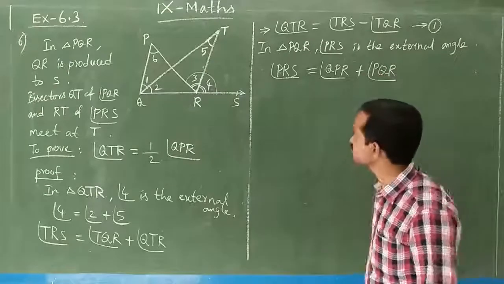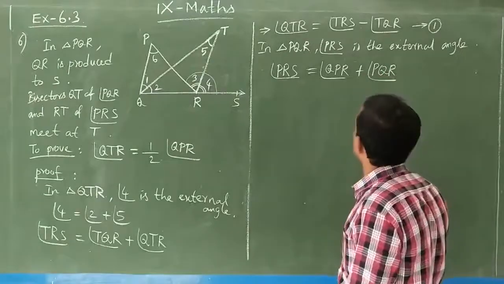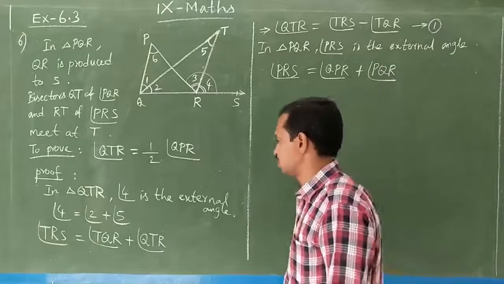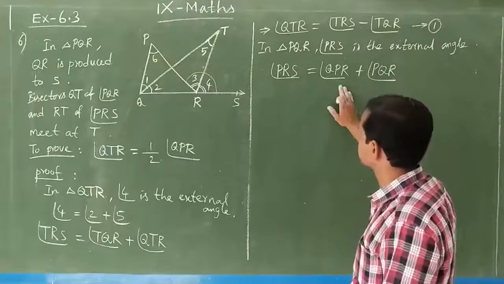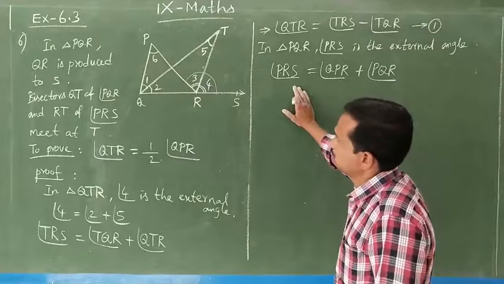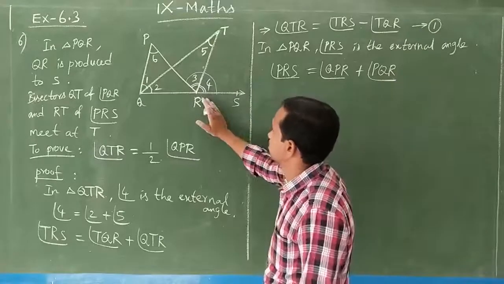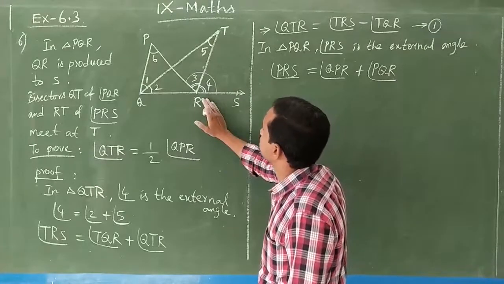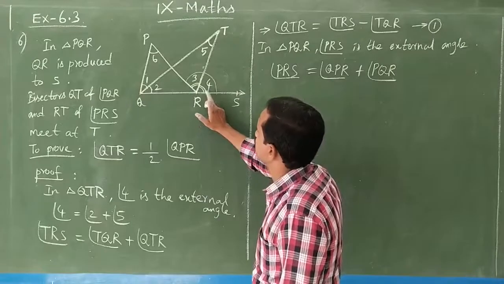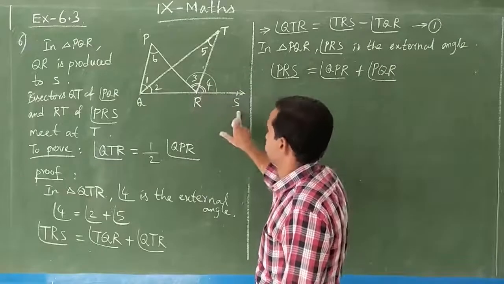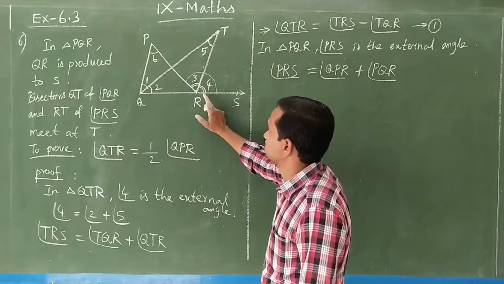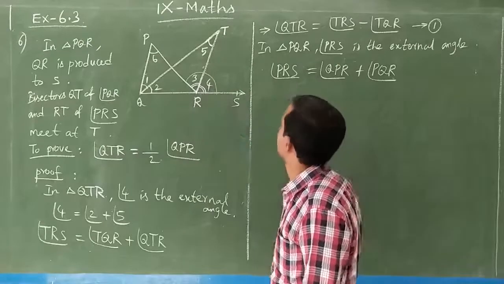Clear? And now, just we can write from here. PRS, in this PRS angle, you see we can write TRS as 2 into PRS.